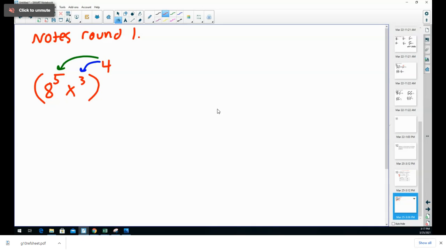It's almost like backwards distributive property. And when we distribute, we multiply. So we have 8 to the 20th, and that x is because we're multiplying. And then multiply 4 and 3, and that'll get us x to the 12th. And that's it.